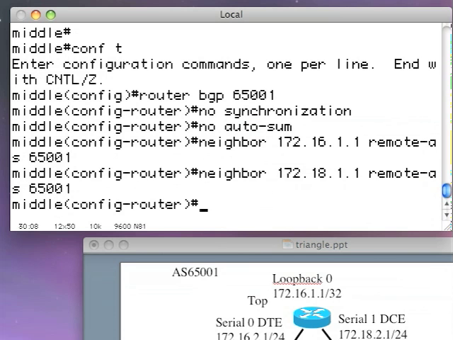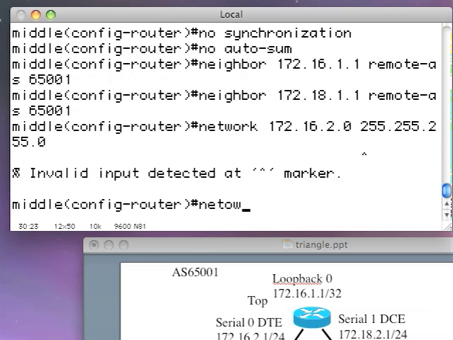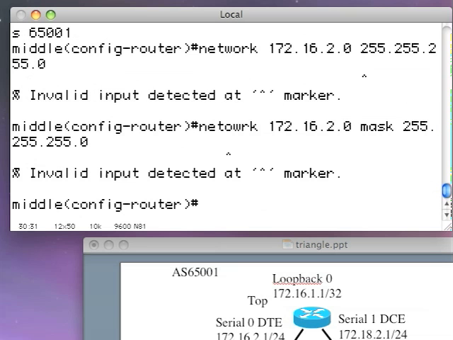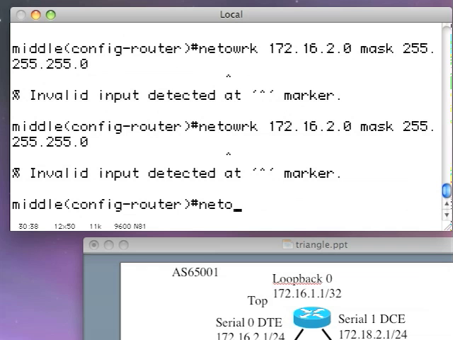And let's inject my routes. Network 172.16.2.0 mask 255.255.255.0. And it would help if I spelled network correctly. I can't backspace, so let me type again.